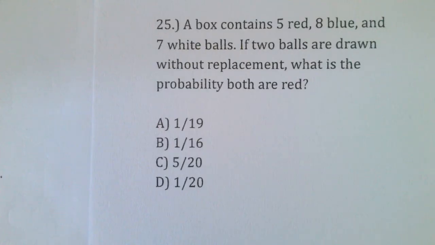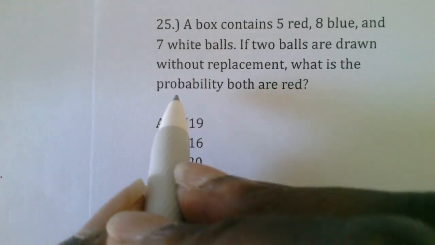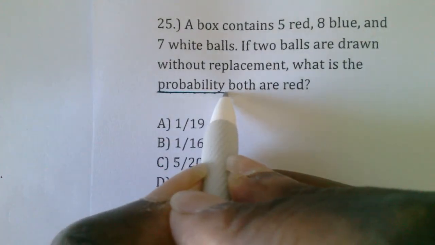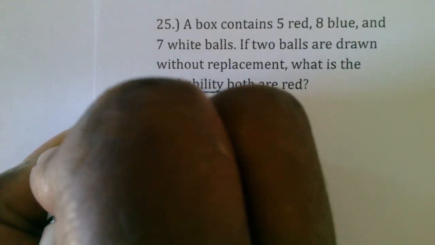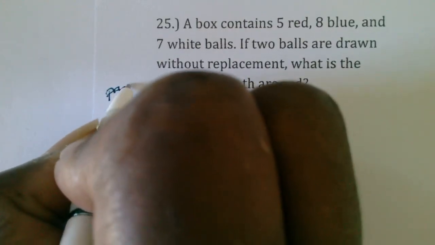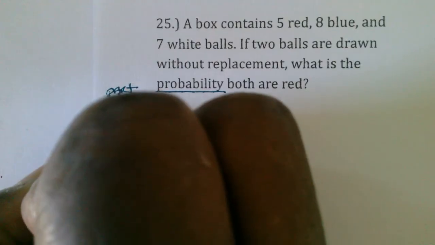We have a box containing 5 red, 8 blue, and 7 white balls. If 2 balls are drawn without replacement, what is the probability both are red? Anytime we're dealing with probability, we're looking at the part over the whole.